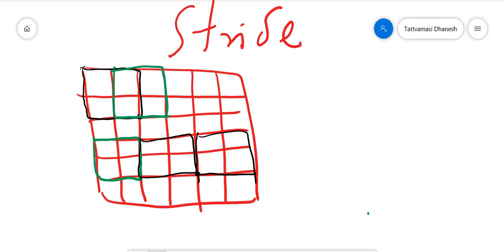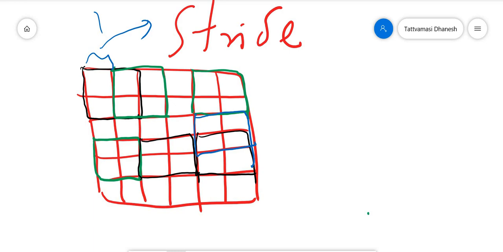This is the first position of your kernel. When it comes downward, the kernel for a stride of 2 will come like this. This is the position for a stride of 2. See here, the stride is 1.